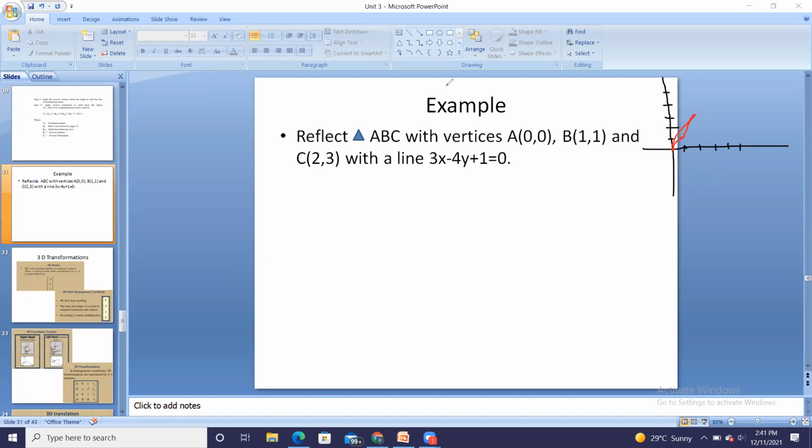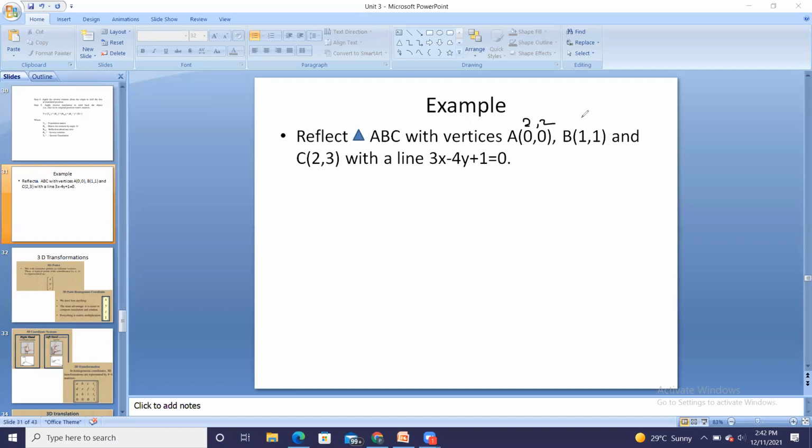Or we may do one thing. Instead of this, we can change the coordinates of the triangle so that it will be easier for us to view that triangle. So here I will have (2, 2).